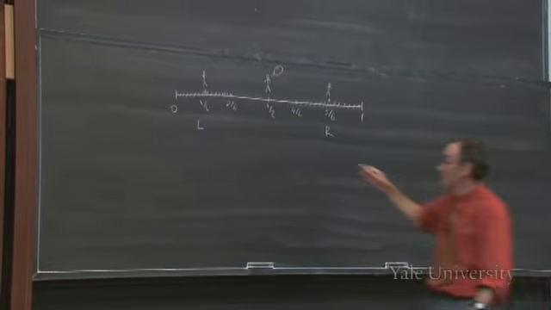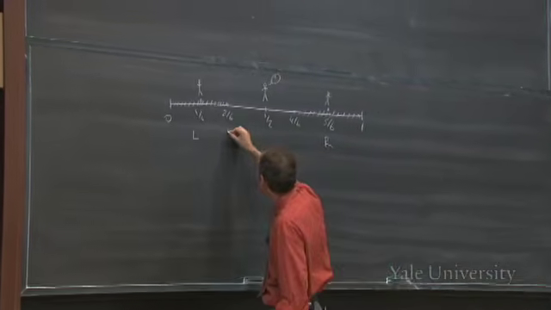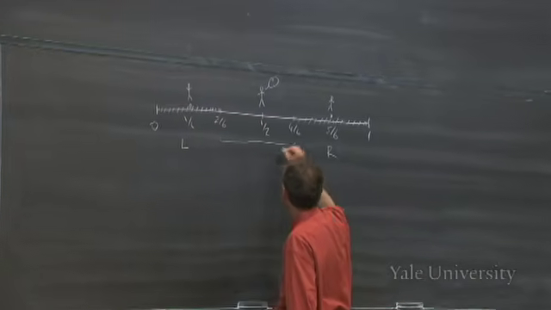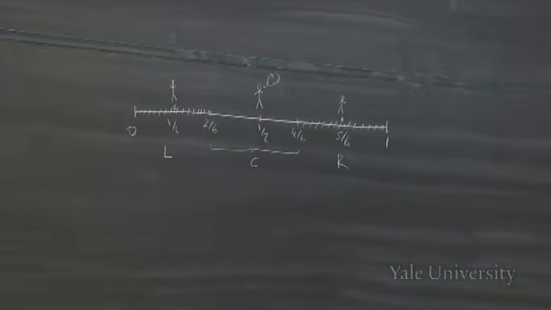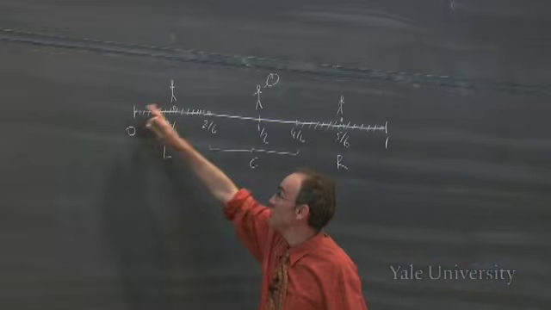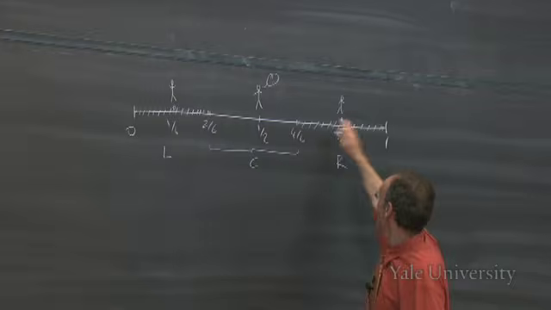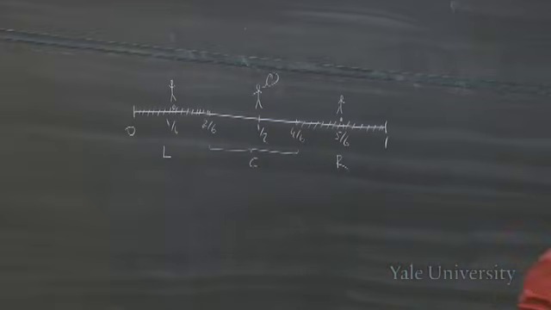And the middle third, that's a third of the voters, are going to vote for the center candidate. The reason I divided it into sixths is I want to put everybody at the middle of a third. The left-wing candidate is at the middle of the left third, the right-wing candidate is at the middle of the right third, and the center candidate is at the middle of the center third, not surprisingly.